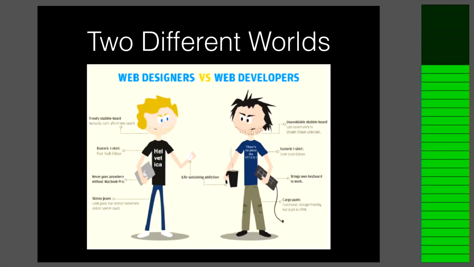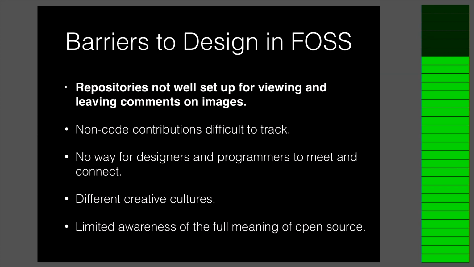Two, there are a lot of cultural differences, but there also are a lot of cultural similarities. There are a lot of barriers to be overcome, one of which is that repositories from GitHub on out are not really set up to measure or track the contributions of anything other than code commits.